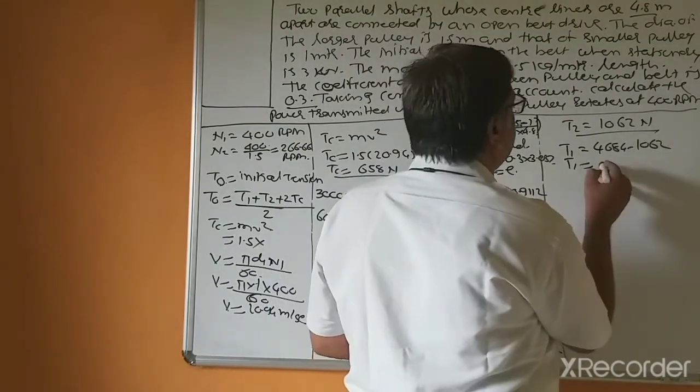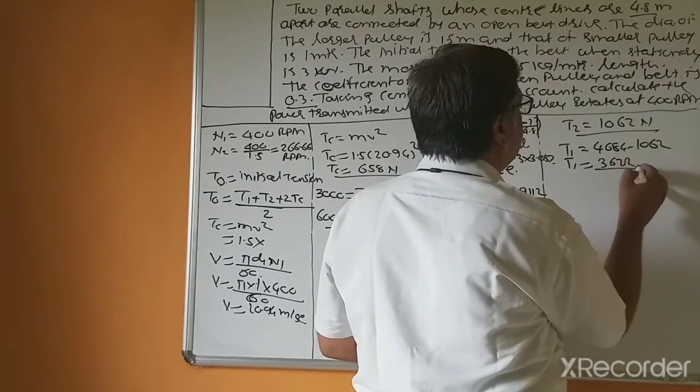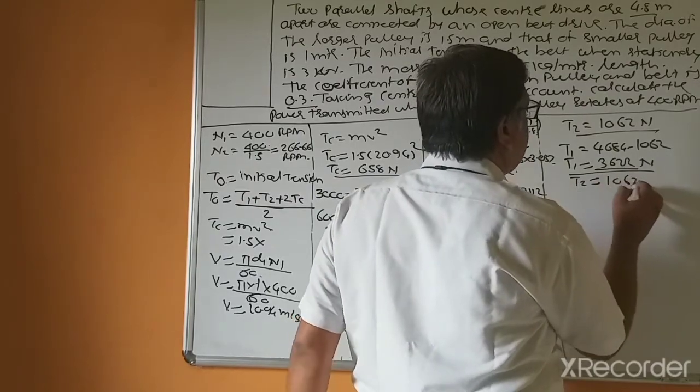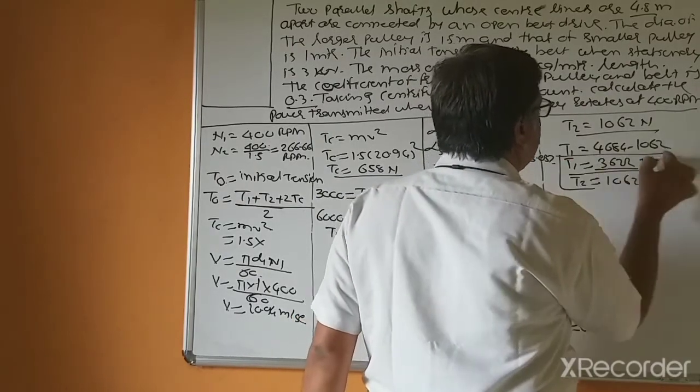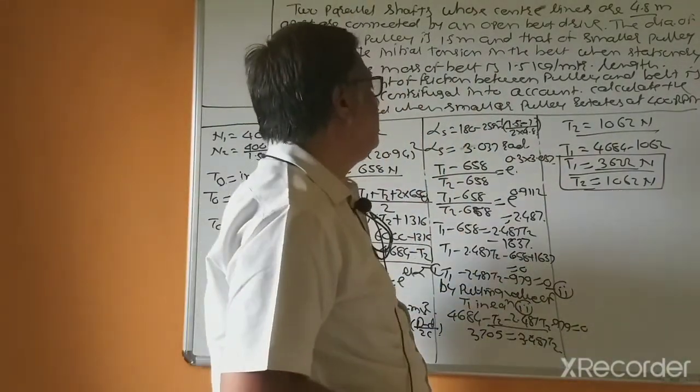This is equal to 3622 Newton, and T2 equal to 1062 Newton. So these are the tensions on the tight side and tensions on the slack side.